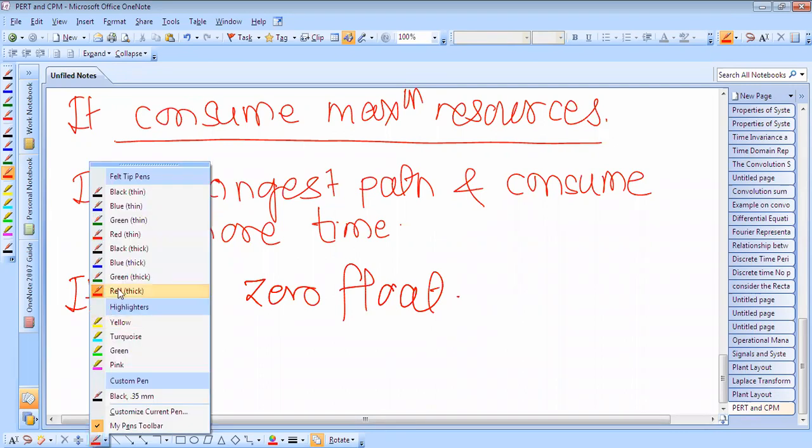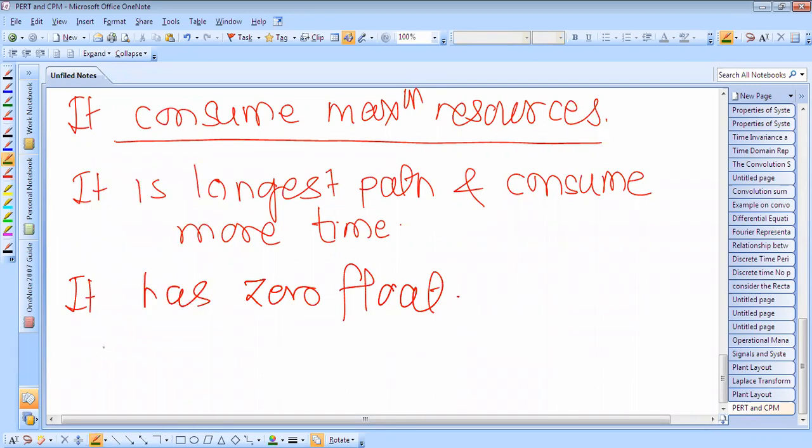Next we'll discuss the duration. Duration is the estimated or actual time required to complete the task or activity.